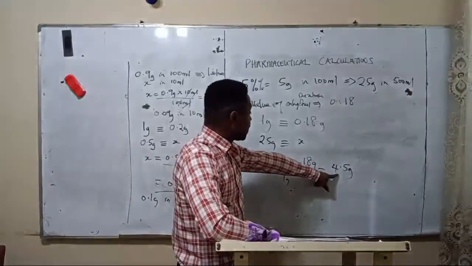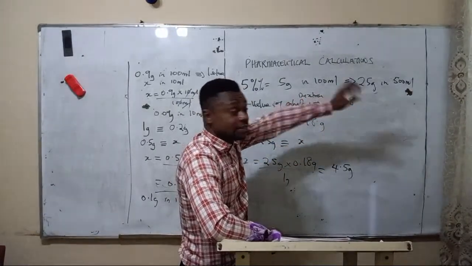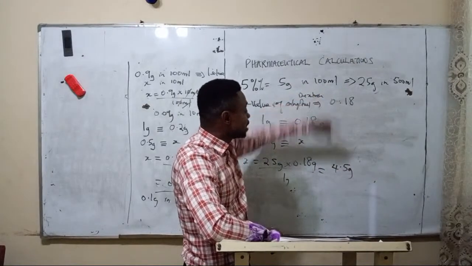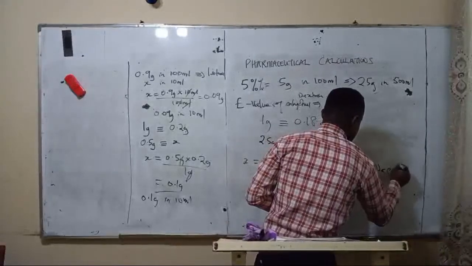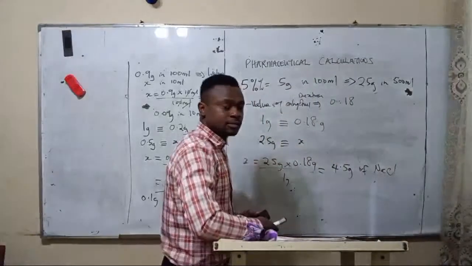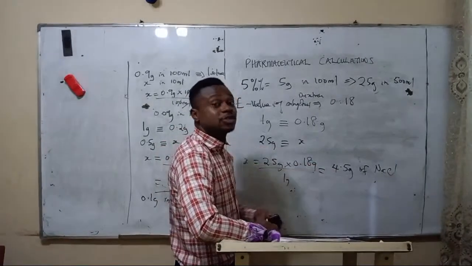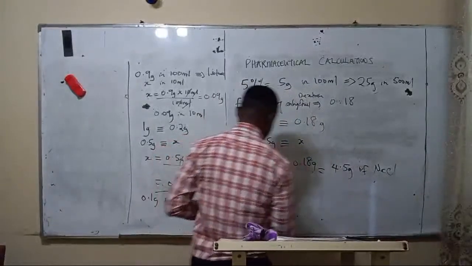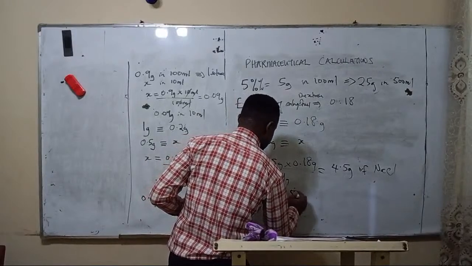So this 25 gram of dextrose in 500 ml of dextrose represents 4.5 gram of sodium chloride. Remember, this is 4.5 gram of sodium chloride in 500 ml.